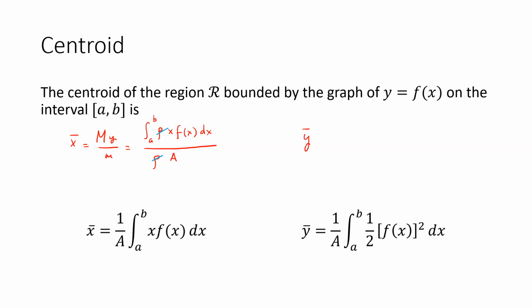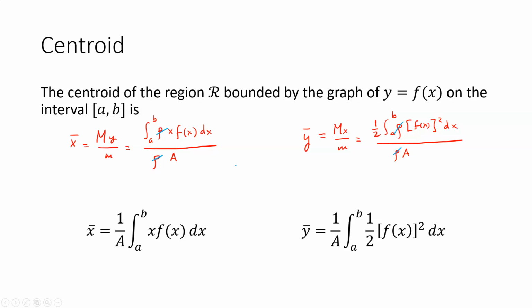And then for y bar, it's the same. It's M_x over m. So the 1/2 integral from a to b of rho f(x) squared over rho A, and again, the density rho divides out. And so that gives us our formula for the x and y coordinates of our centroid.